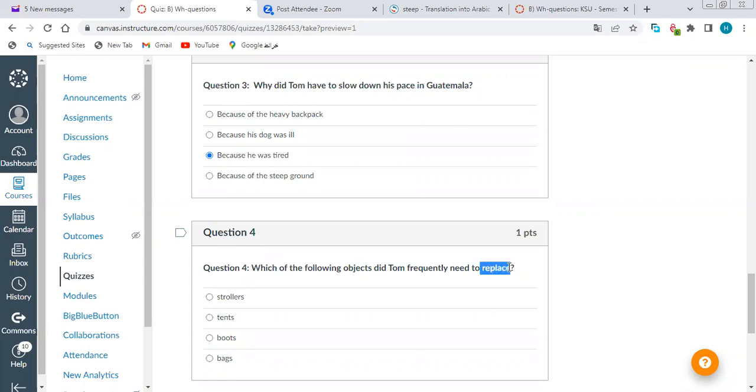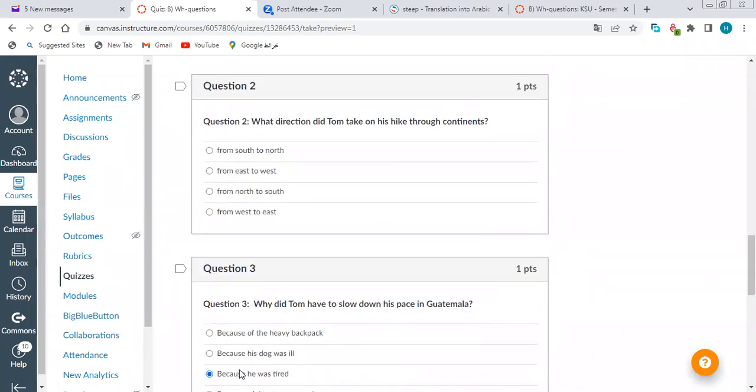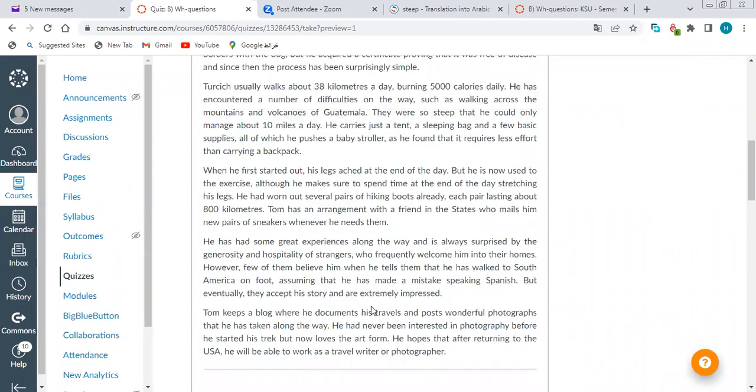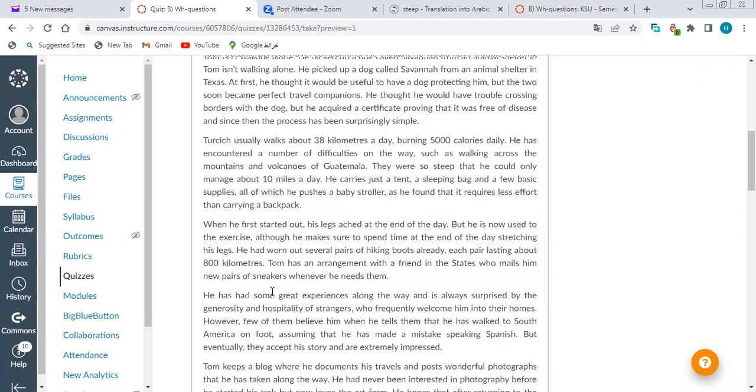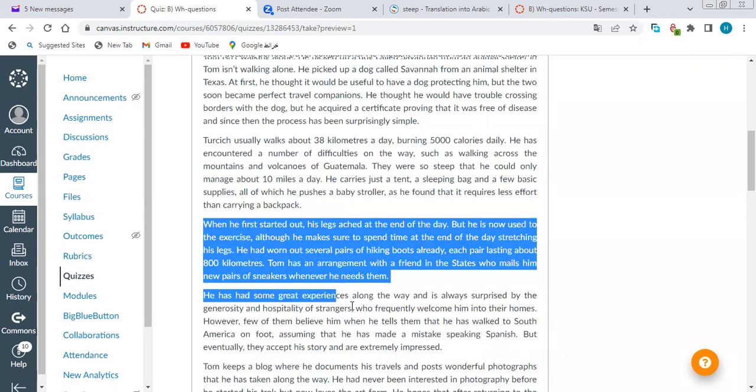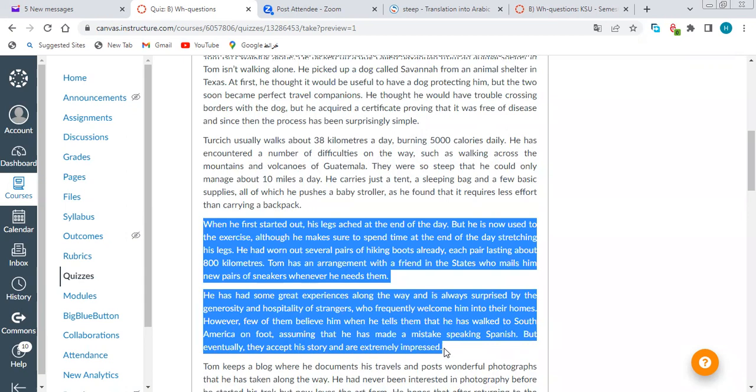He needed to change them. Strollers, which are baby carriages, tents, boots, or bags. Which one of these objects did Tom frequently need to replace? Strollers, tents, boots, or bags? You can find the answer in these two paragraphs.